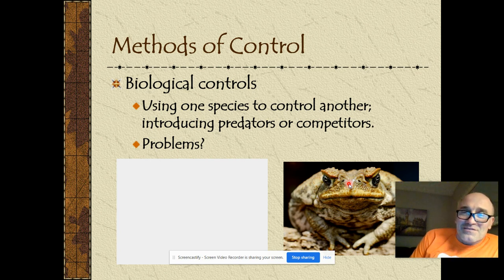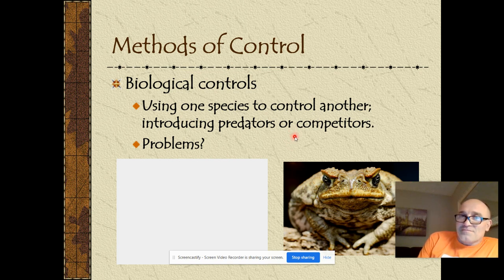One thing that I want to make sure you understand is some ways that we try to control those. One is called biological control, which is to use another species of plant or animal, usually animals, to control another invasive species, to try to find a predator or even a bacteria or virus that can wipe out an invasive species.